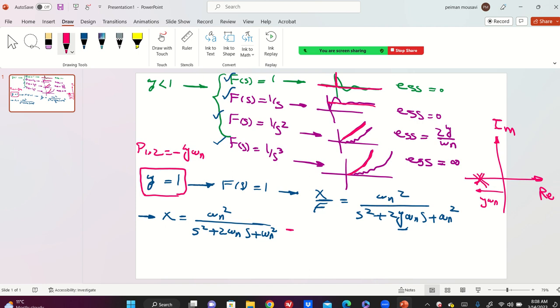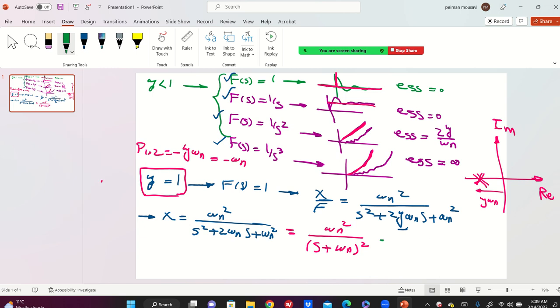Having that, you can write this as omega n square over s plus omega n, squared, because zeta is 1. So it's gonna be minus omega n, two repeated poles, right, from high school.